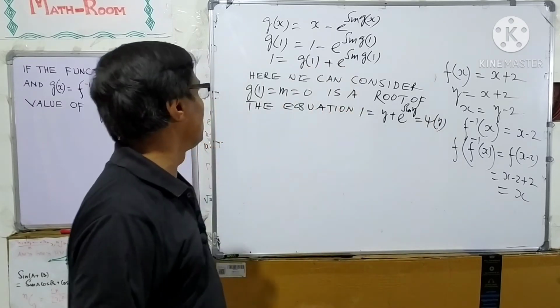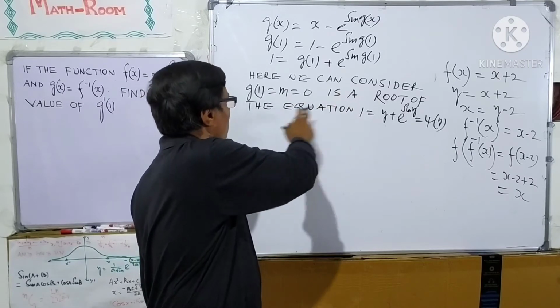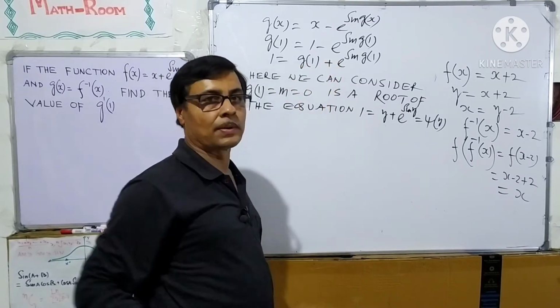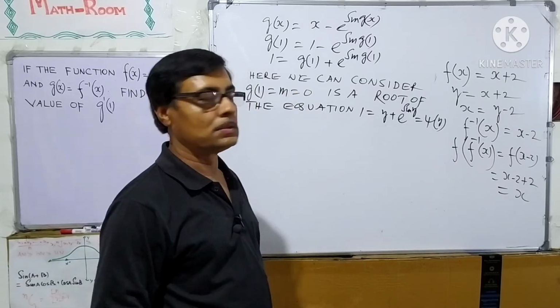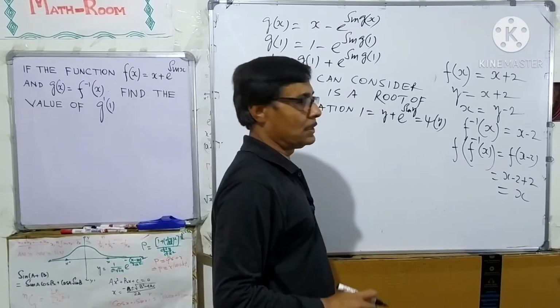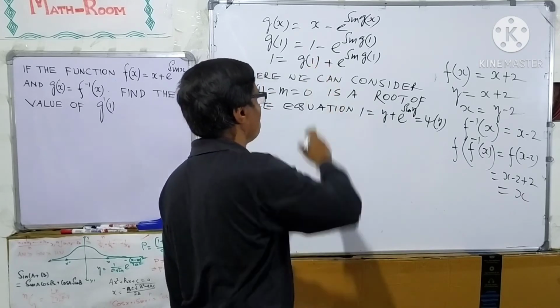We can consider g1 equal to 0 a root of this equation, because if g1 equals 0, this is satisfied. So we shall check if there are other roots of this equation.